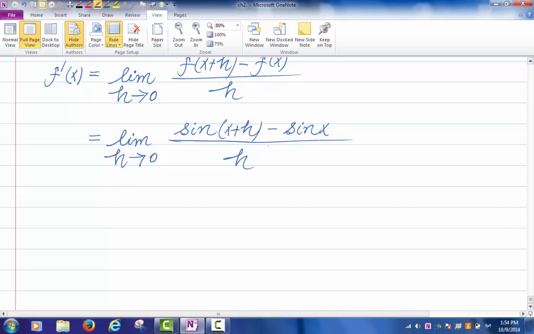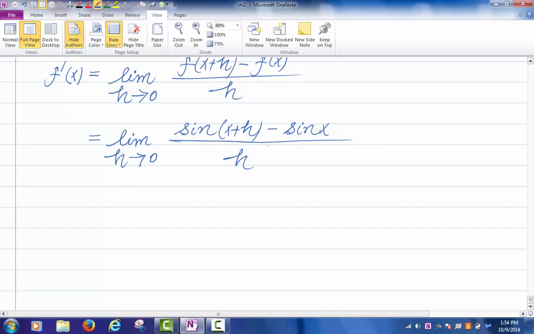But what should I do? How should I go about computing this limit? Previously, when we obtained 0 over 0 with rational functions, we factored and cancelled out some factors, right? We tried to get rid of the factor that's giving us 0 in the denominator.